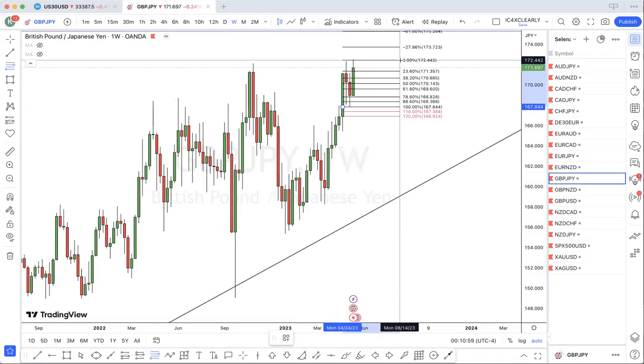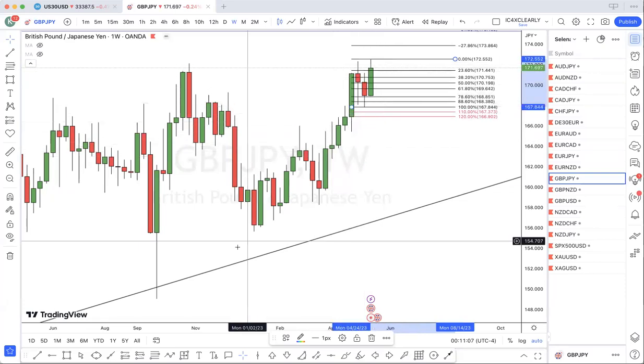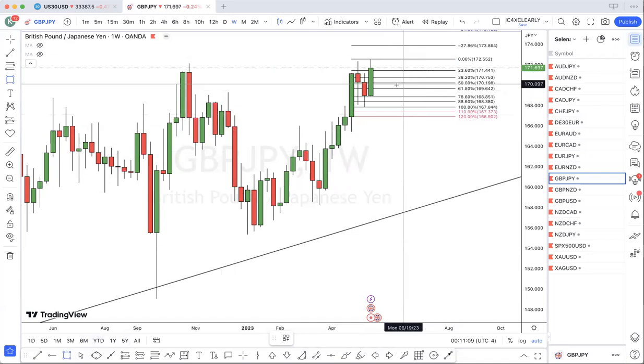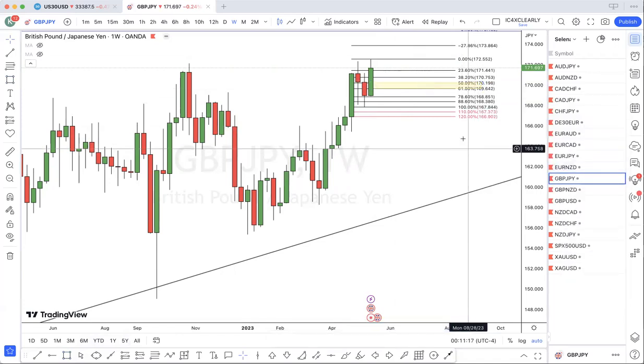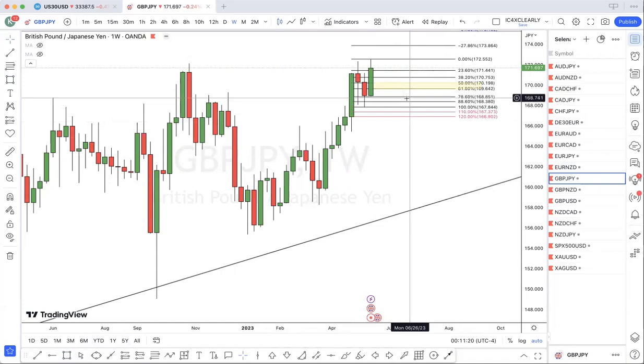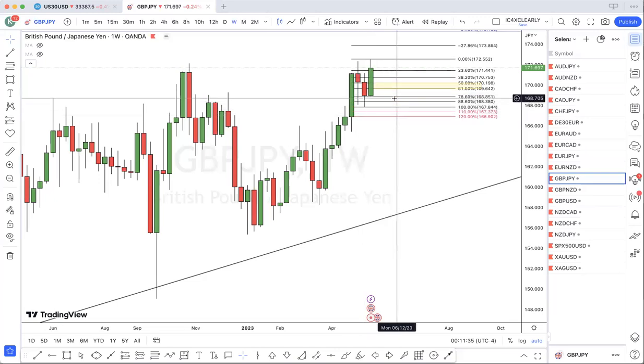So if you're looking for a pullback, here's the 50%, 618. And then you have the 78 and 88. It could pull back here to create a swing. This doesn't have a wick, so I would guess maybe pull back to make this the swing.